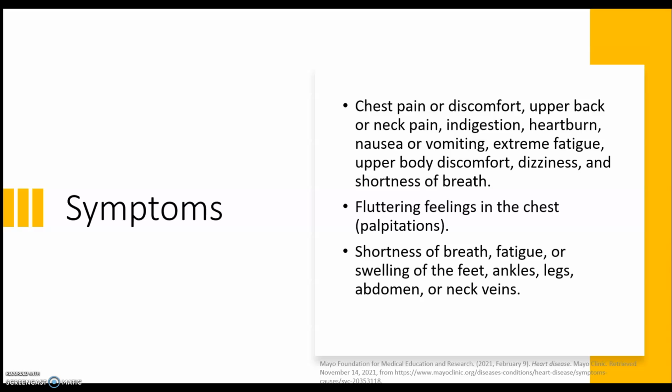When these events happen, symptoms may include chest pain, discomfort, upper or neck pain, indigestion, heartburn, nausea, vomiting, extreme fatigue, upper body discomfort, dizziness, shortness of breath, fluttery feelings in the chest, fatigue, and swelling of your feet, ankles, legs, abdomen, or neck. All these are symptoms that might be caused by heart disease.